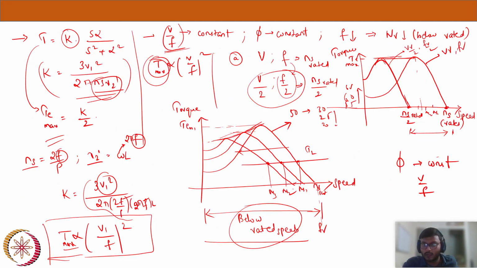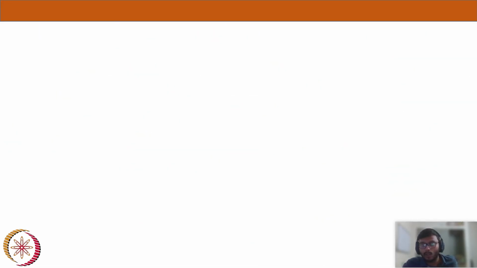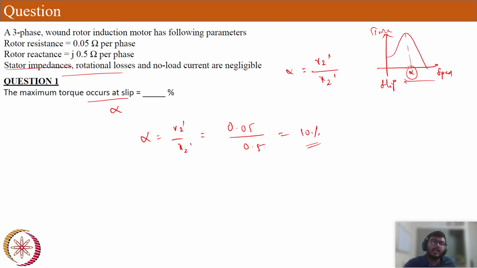It's a very straightforward subject. Now we understand how to achieve smooth and precise speed control below and above rated speeds, and we started solving some questions for the assignment.